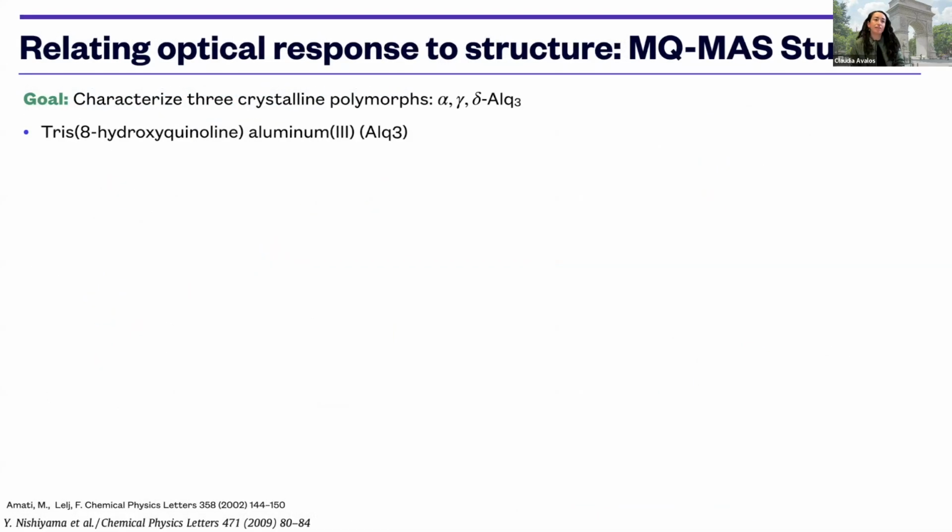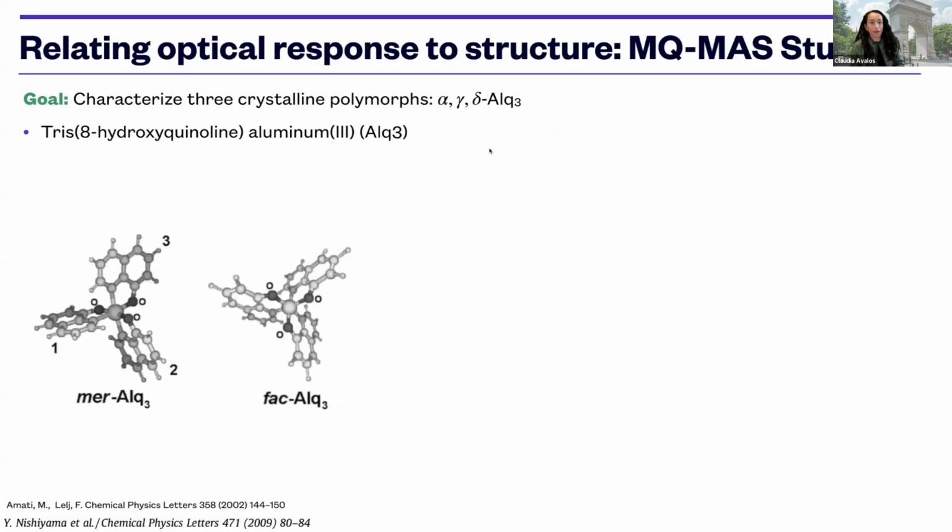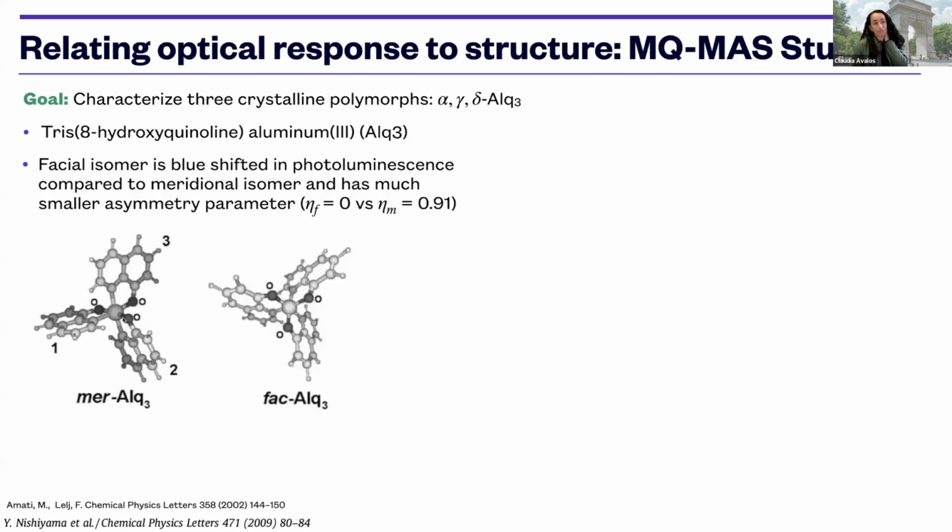Okay, that's fine. So if we want to relate optical response to structure, this multiple quantum MAS study I thought was quite nice, where the goal was to characterize three crystalline polymorphs, the alpha, gamma, and delta aluminum system, right? Here we have a couple of different isomers.